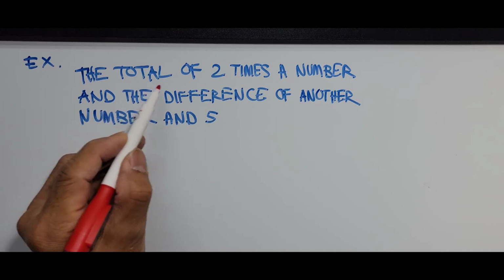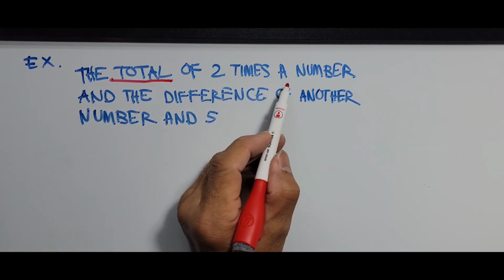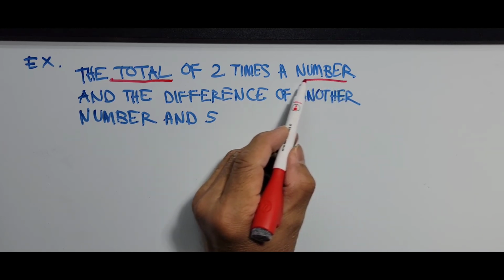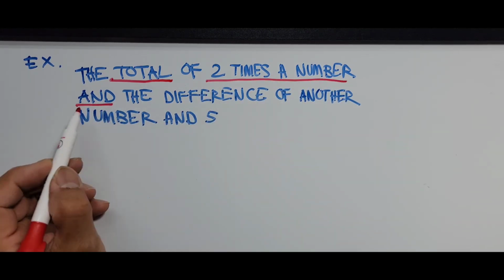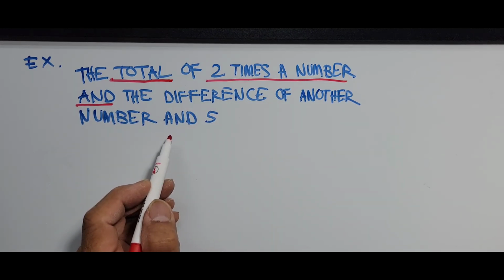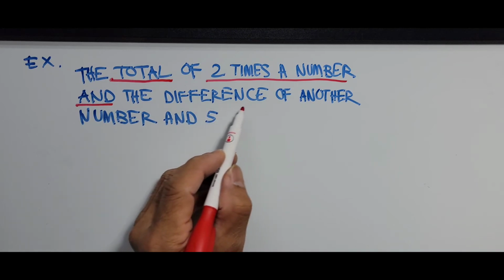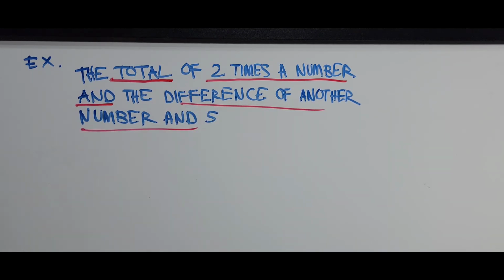It says here the total. The total of 2 times the number, and it says and over here. The difference of another number and 5.